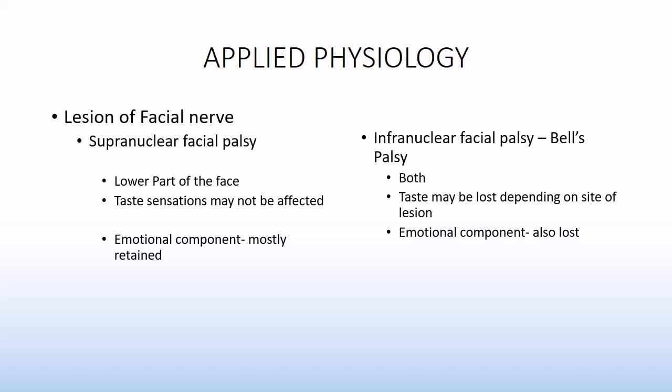Okay, so there will be total paralysis of the affected side. So these are a few differences between the supranuclear facial palsy and infranuclear facial palsy. Apart from this, other differences have also been written in your journal, so you can go through them. Okay, so that is all about the lesion of facial nerve or facial nerve paralysis. That's it.